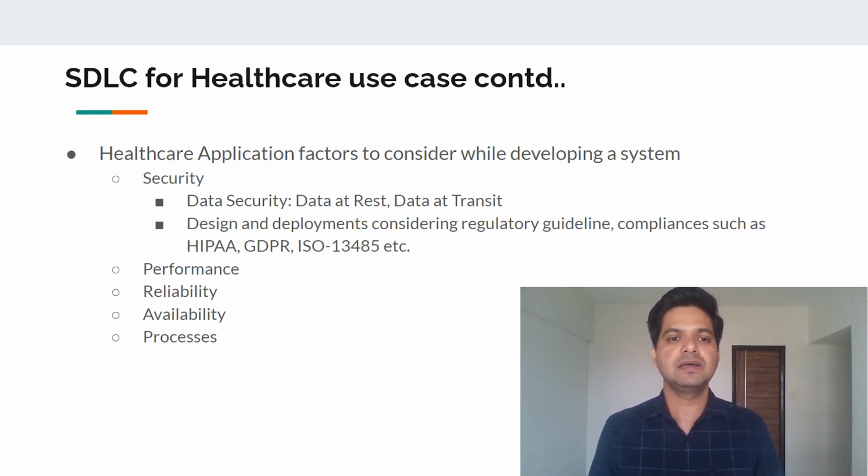For example, HIPAA is one of the compliances where, if our application is dealing with US citizens' or US patients' data, the healthcare customer might set the expectation that the team working on this application should follow HIPAA, and they should follow all the standard operating procedures that come under HIPAA.